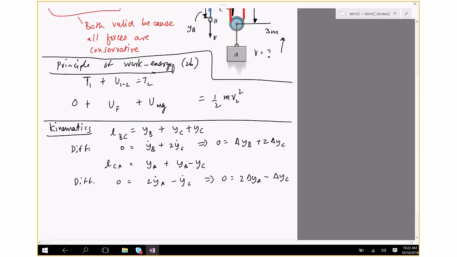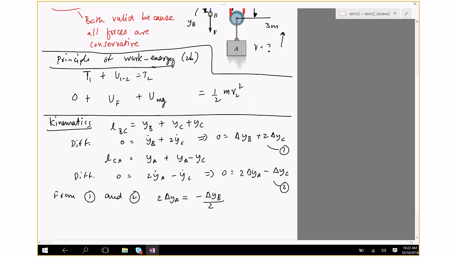Let's call this equation 1, the second one equation 2. So from 1 and 2, 2 delta ya equals delta yc, which is minus delta yb divided by 2.